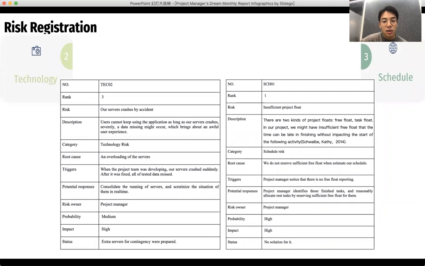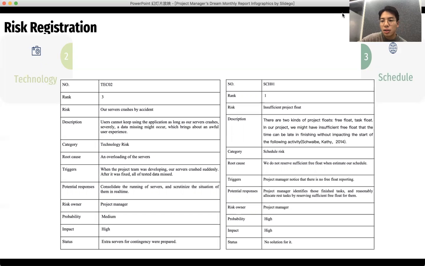The technology part is our service crashing by accident, basically meaning even though we have two data centers with a distributed database, we cannot guarantee that if there is a sudden threshold of data access, for instance, during Christmas or Black Friday, a lot of people access the website and try to connect or buy lots of products from suppliers, it may cause the system to crash.